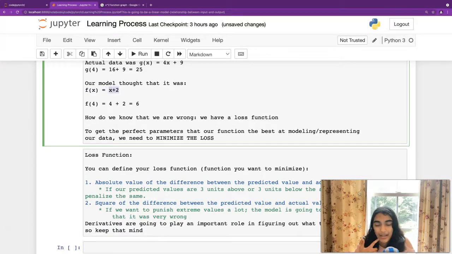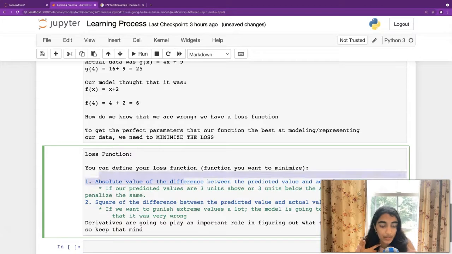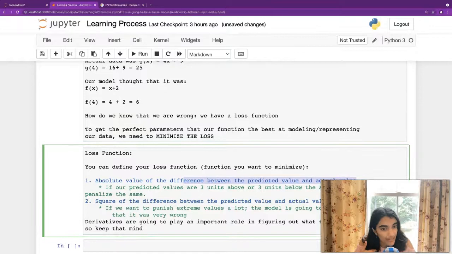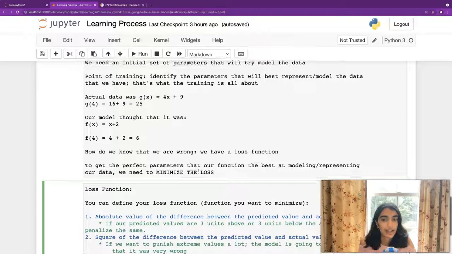These loss functions let the model know the difference between the predicted value and actual value. Based on the loss function, we'll tweak the parameters to make it the perfect line that we want.